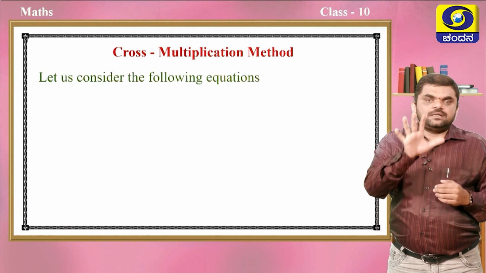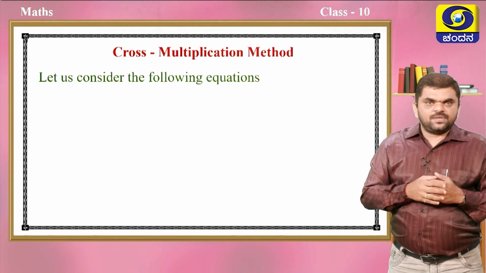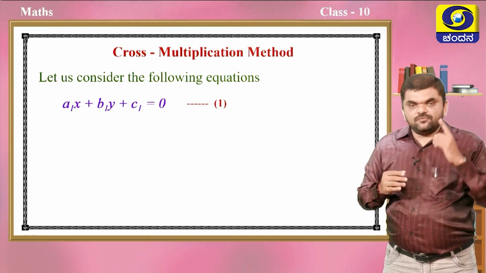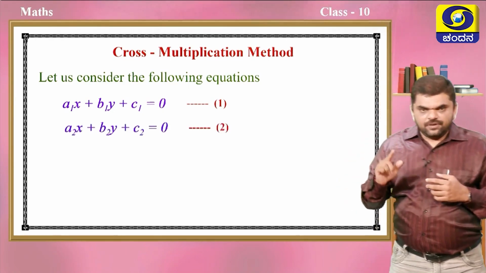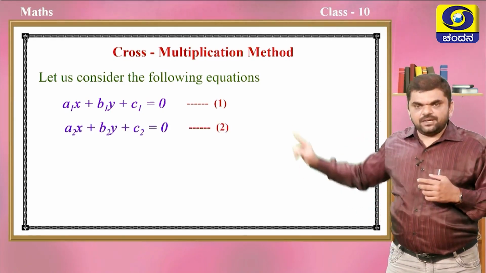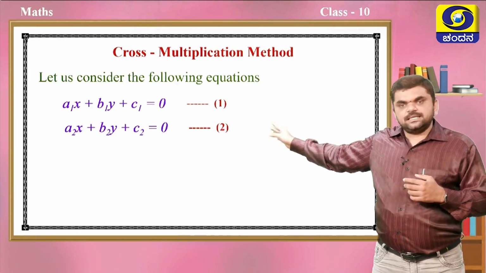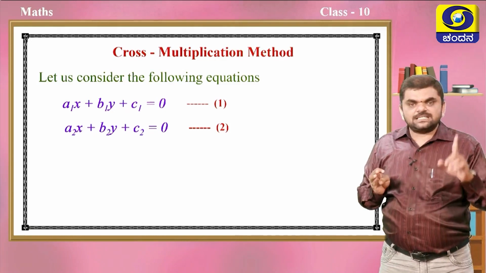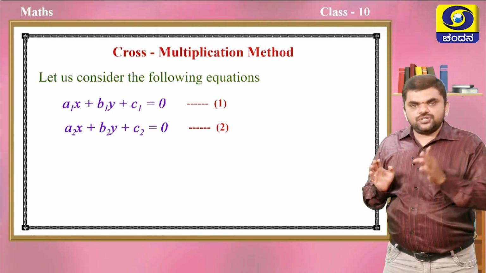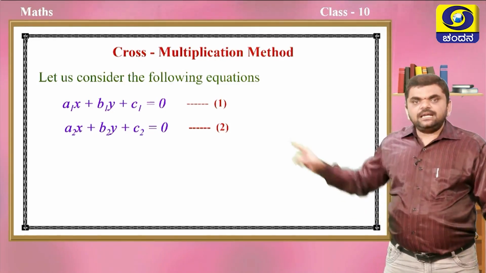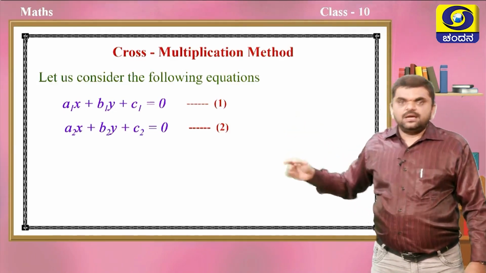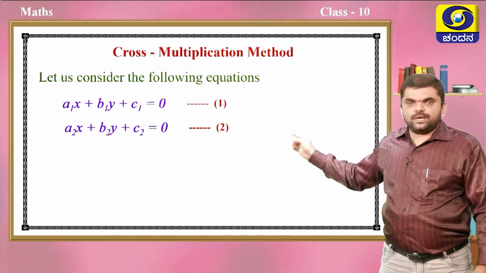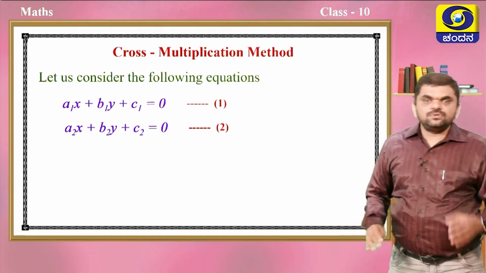Children, observe carefully. Let us consider the following equations. First equation, a1x plus b1y plus c1 is equal to 0. Here the coefficient of x is a1, coefficient of y is b1 and c1 is constant. And again consider another equation, a2x plus b2y plus c2 is equal to 0.